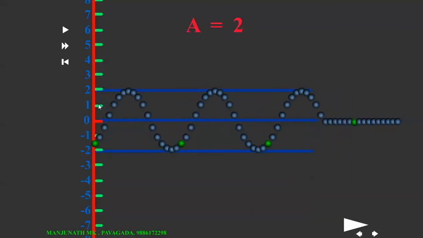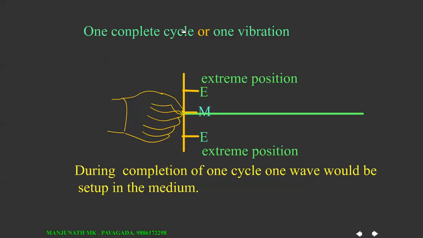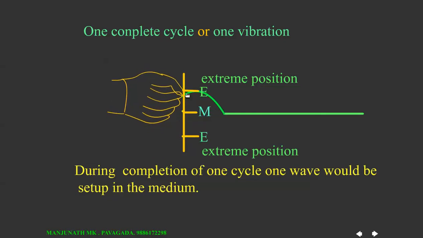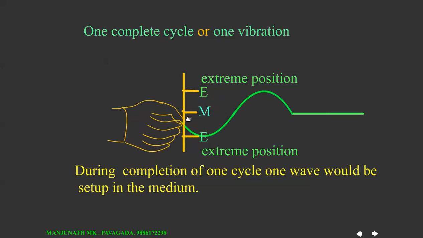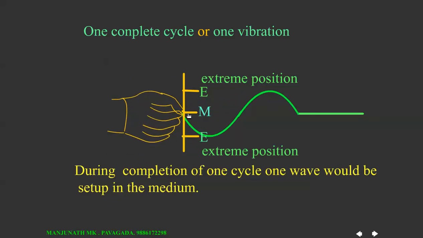So now let us see one complete cycle or one vibration. Consider the thread in its mean position. This is the extreme position, this is the negative extreme position. The thread is at mean position, starts to vibrate to the extreme and negative extreme and comes back. This is one complete cycle or one wave or one vibration.